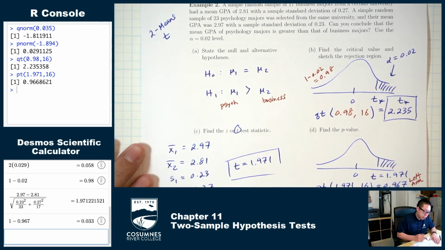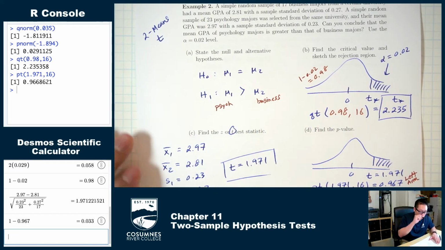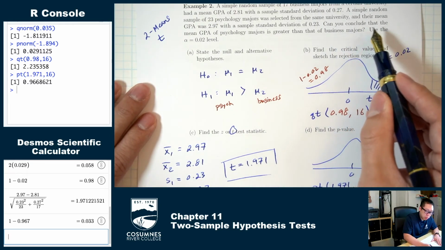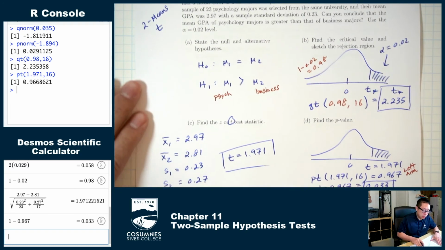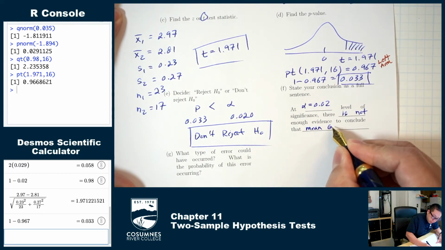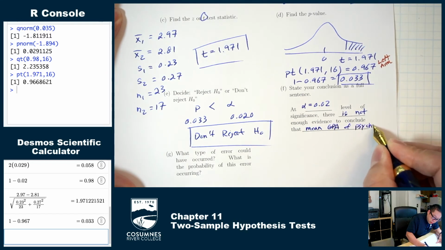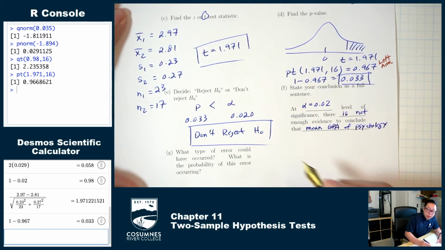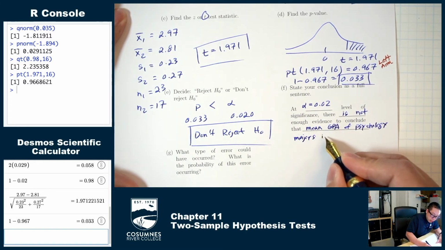H1 says we're talking about GPA, the GPA of psychology is greater than GPA of business. Or go back to the question: can you conclude that the mean GPA of psychology majors is greater than that of business majors? So mean GPA of psychology majors is greater than that of business.